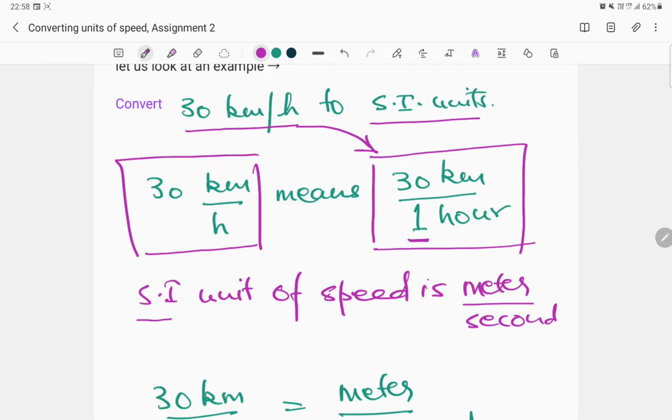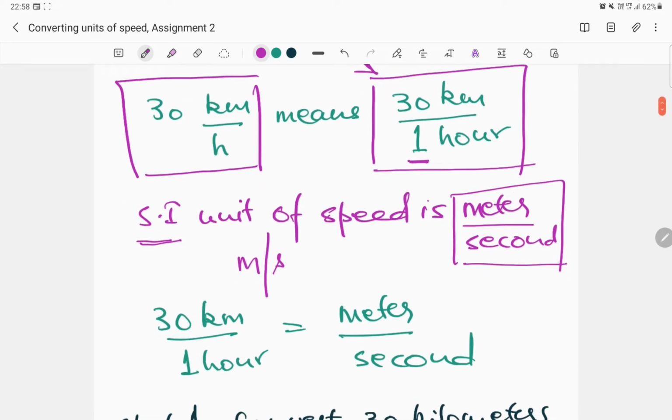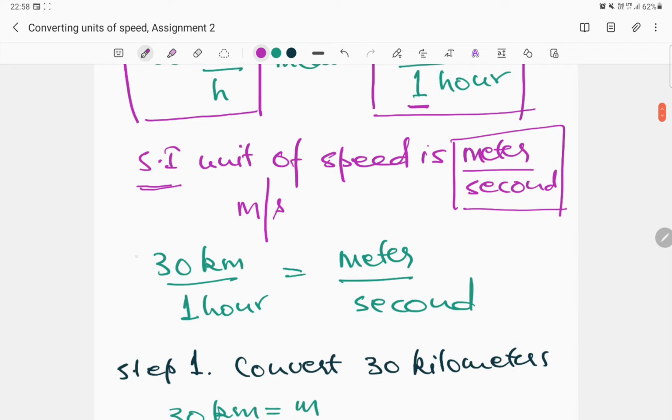Now we are supposed to convert 30 kilometers per hour into its SI units, and the SI unit of speed is meters per second, also written as meter per second or meter upon second, like this, right? Our goal in this session is to convert one unit, which is kilometers per hour, into meters per second.